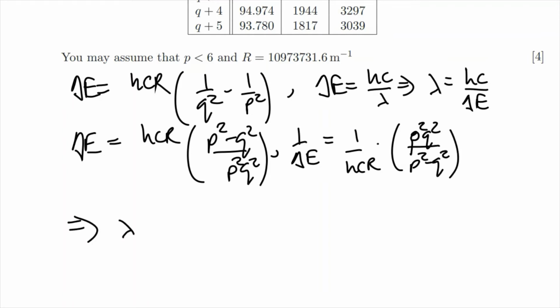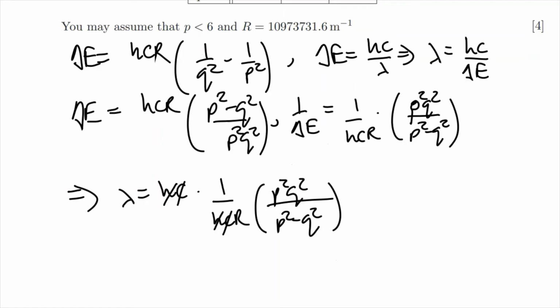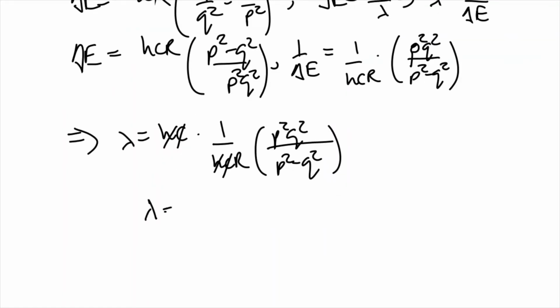And that means that lambda is hc times this 1 over delta E, which is 1 over hcR times P squared Q squared over P squared minus Q squared. Then these things all cancel. So what are we left with? We're left with lambda equals P squared Q squared over R times P squared minus Q squared.